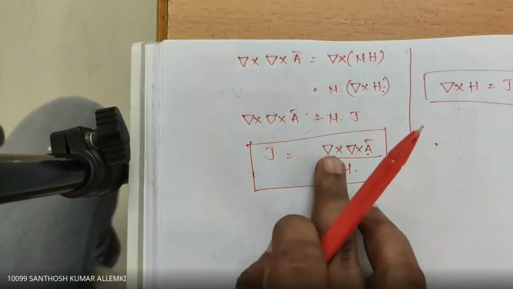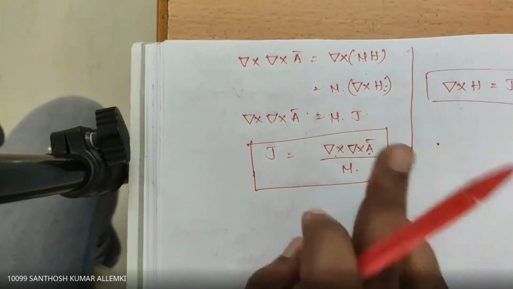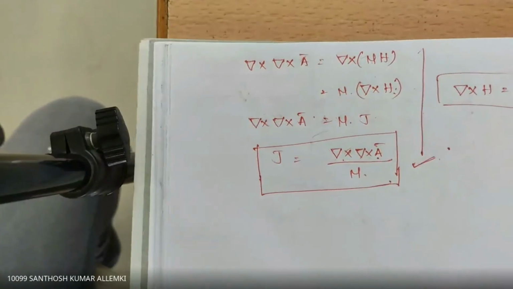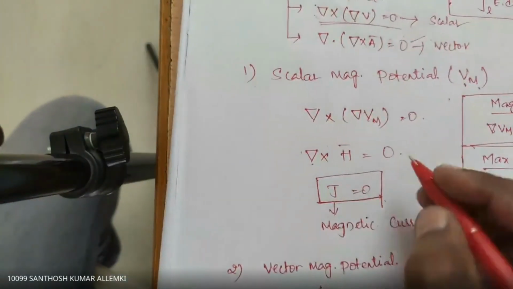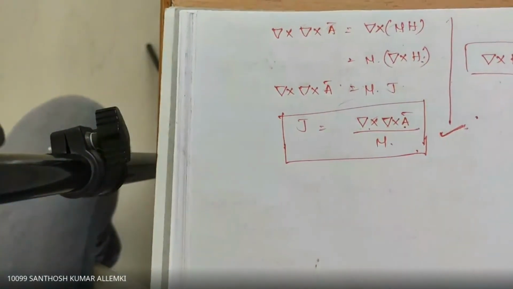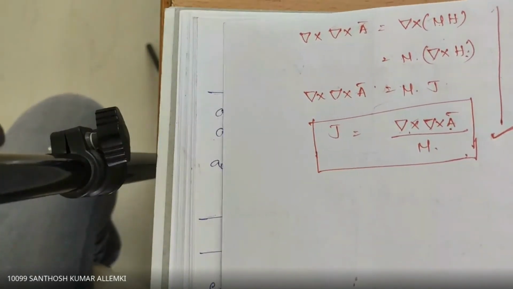Remember here it is 2 times of curl. Okay, so this is the condition for the scalar magnetic potential, and this is the condition for the vector magnetic potential. If these two conditions are satisfied, then the magnetic potential will exist.